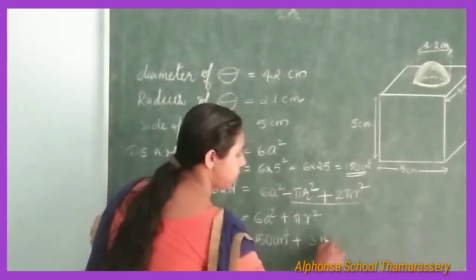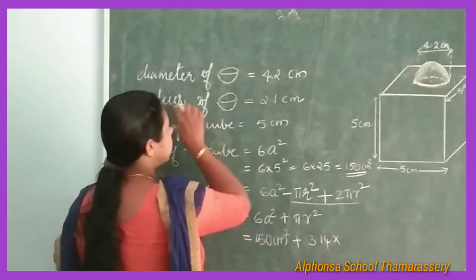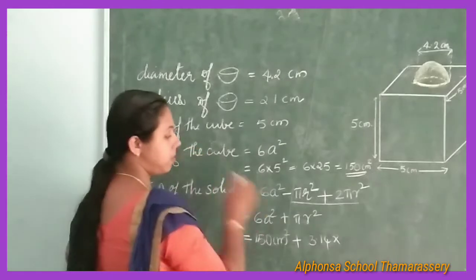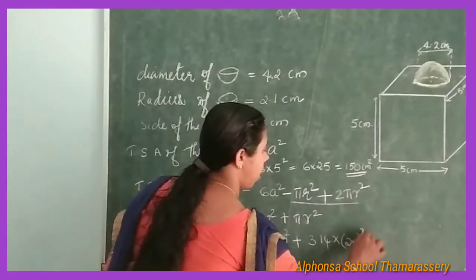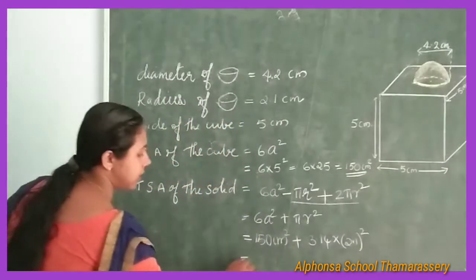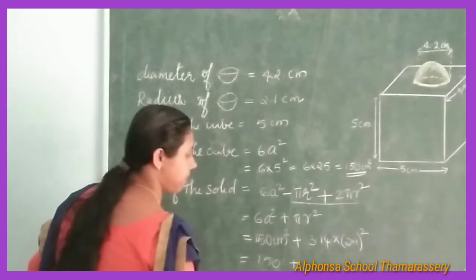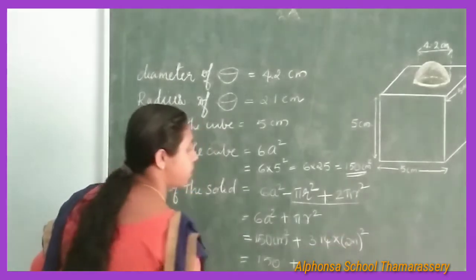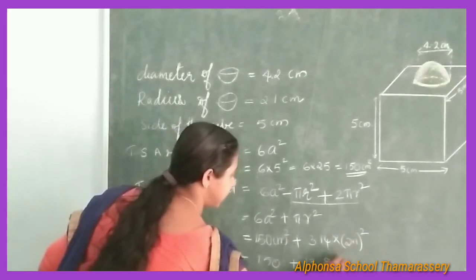That is equal to 150 centimeter square plus pi r square. Pi you can use 3.14 into radius. Radius of the hemisphere is 2.1 centimeter. So it will be 2.1 whole square. That is equal to 150 plus 3.14 into 2.1 whole square, that is almost equal to 13.86.